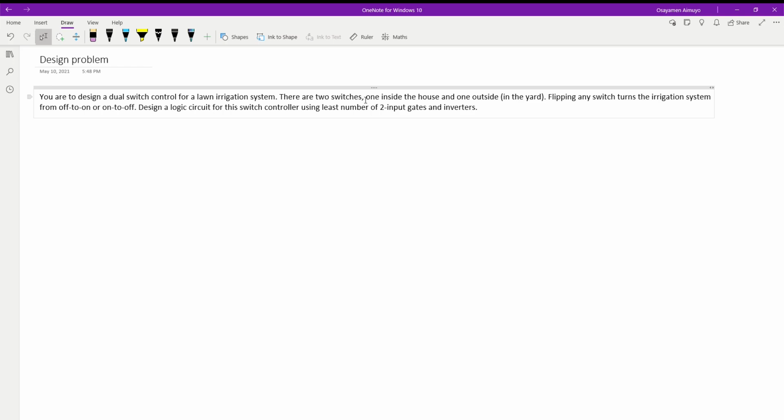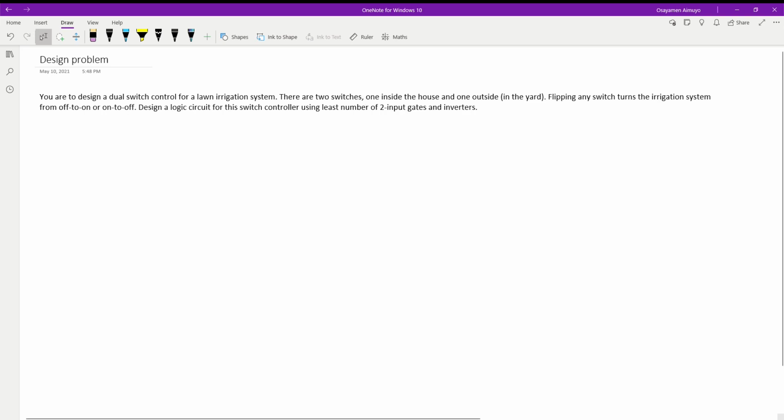If you have one off and the other on, the light will be on. But if both of them are in the same state, that is, both on or both off, the light or whatever device is being controlled should be turned off.